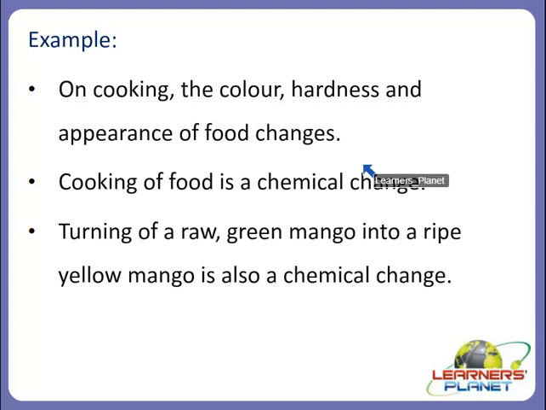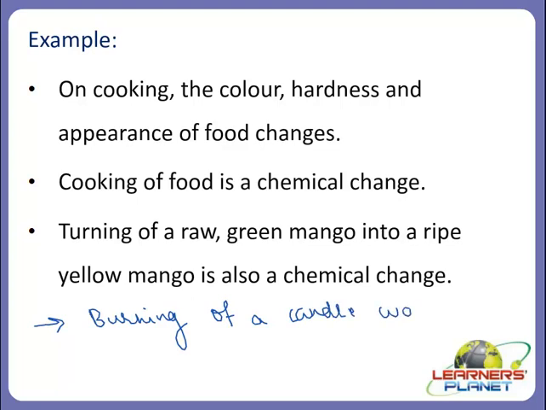So what we can say about chemical changes? Yes, changes in which new substances with different chemical properties are formed are called chemical changes, like cooking of food, growth in plants and animals, burning of substances. They are all chemical changes as entirely new substances are formed. There is one more such example, like burning of a candle wax. Now what happens when we burn candle?